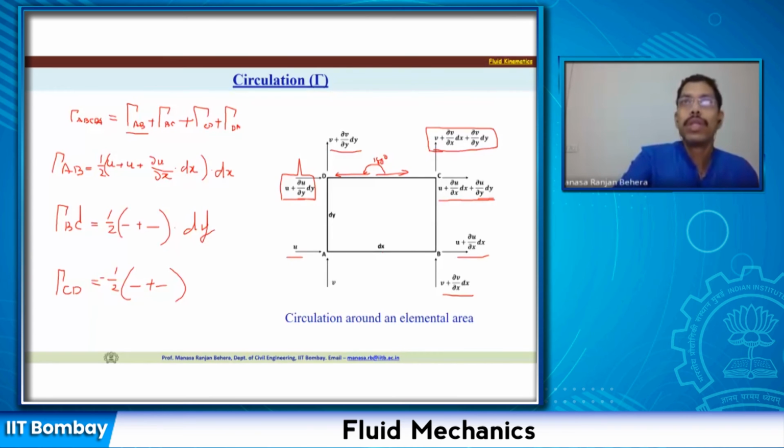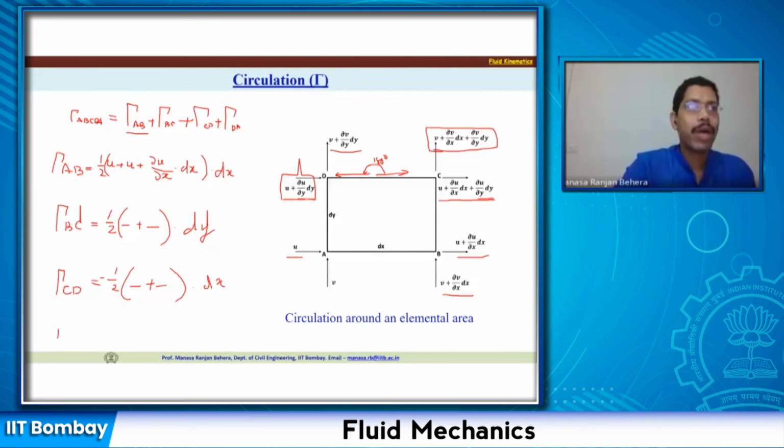My direction of movement is from C to D, and the velocity is completely in the opposite direction. So I get a minus symbol here: -1 by 2 multiplied by both the velocities, and multiplied by dx, because the length of line CD is nothing but dx.